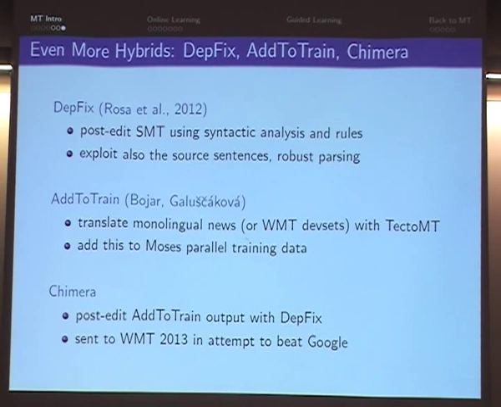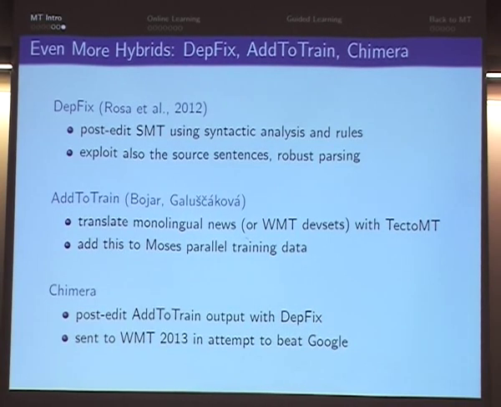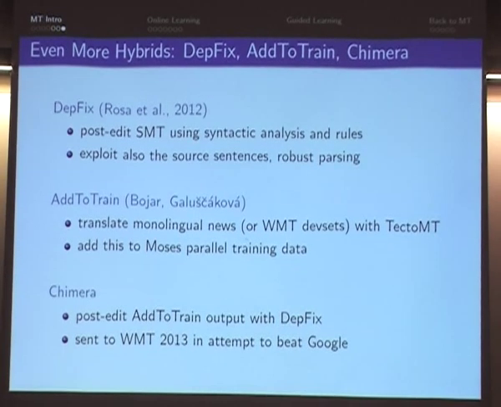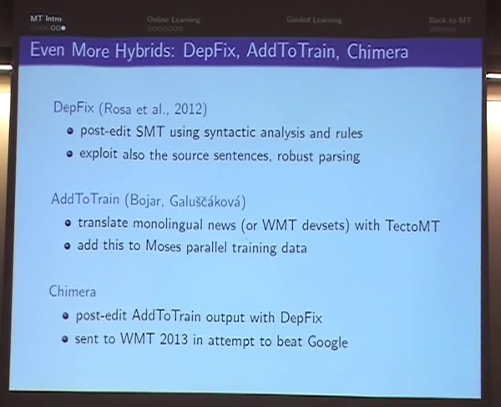Another setup is just to translate the development sets from the WMT competitions, which are more similar to the task we want to do. Namely, we can also translate the test set. So to enrich the phrase table for such translations which are probable to be needed in the task we are going to do. It's not cheating, since we don't look at the reference translations of the test set. We just translate it using TectoMT, and this output is then used in Moses.